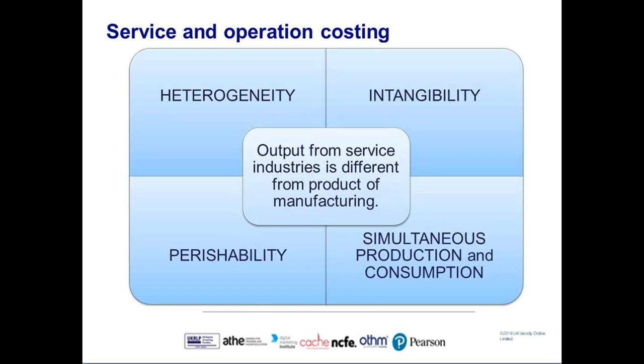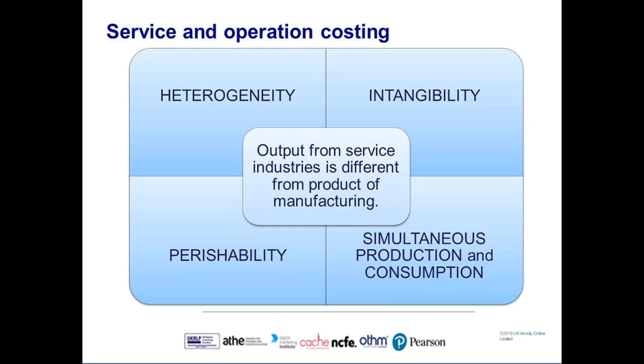In the service sector, the costing we use reflects heterogeneity. The output from the service industry is different from a product, where we look at perishability. The service is perishable, so it's just instant.